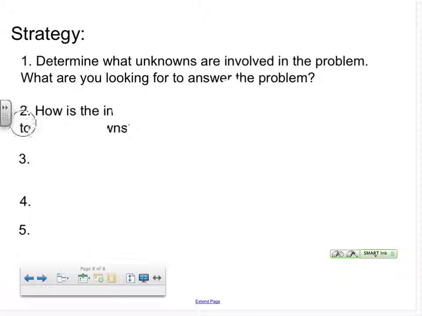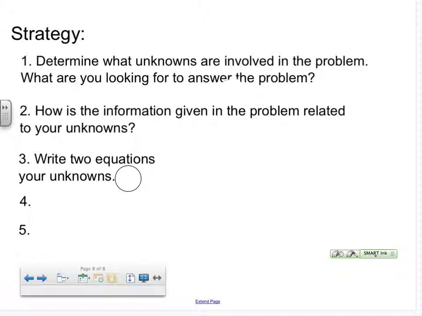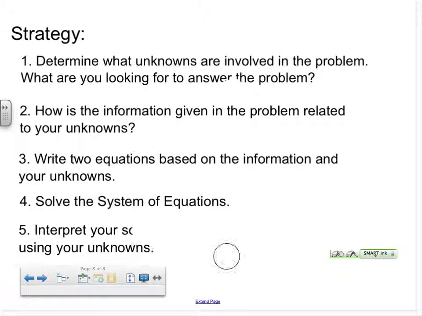Step 2. How is the information given related to your unknowns? Once you know that, you can write two equations involving your unknowns, your variables. Then you'll solve your system and interpret your solution using your unknowns.